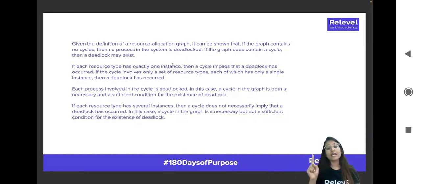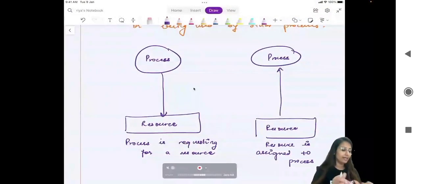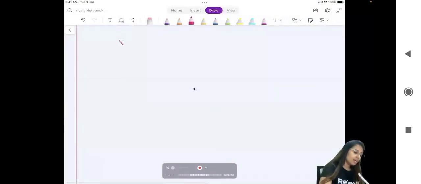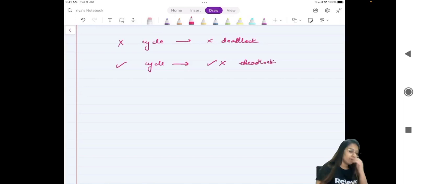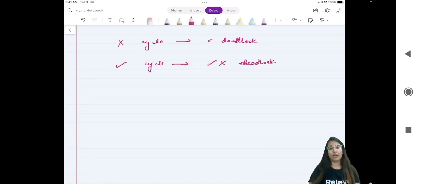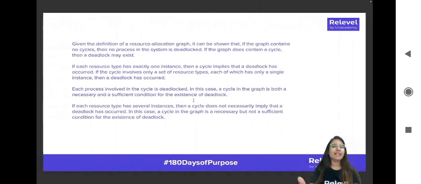Whereas if the graph contains a cycle, then there may or may not be a deadlock. So the idea is, if there is no cycle, then there is definitely no deadlock. But if there is a cycle, then there can be a deadlock, or there cannot be a deadlock.